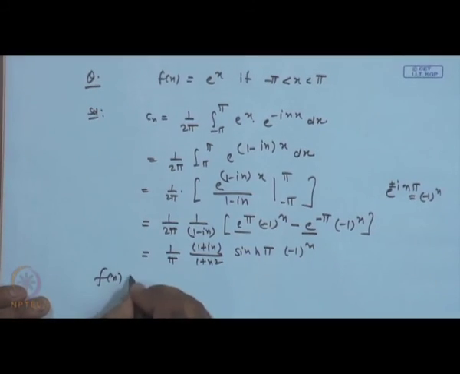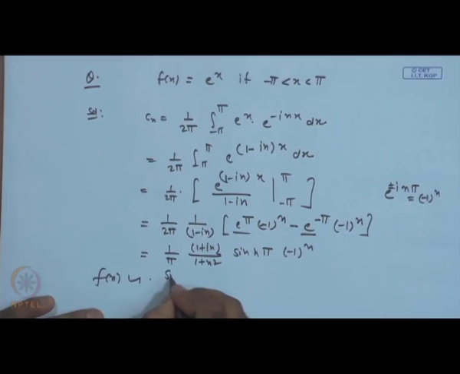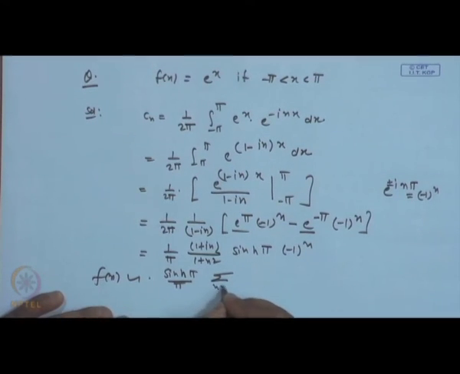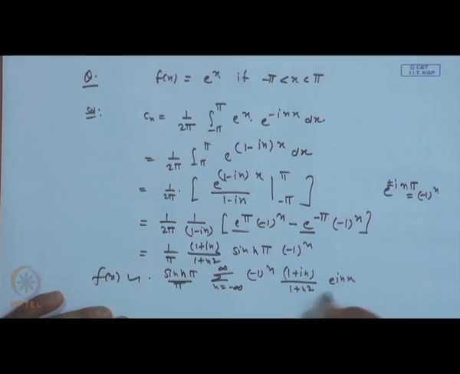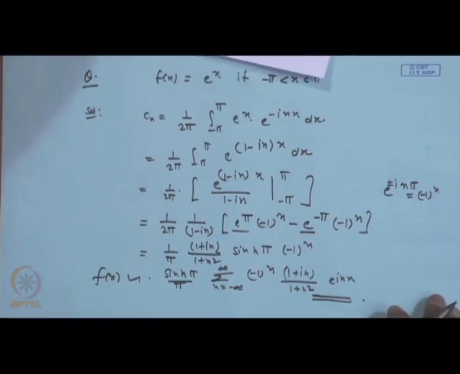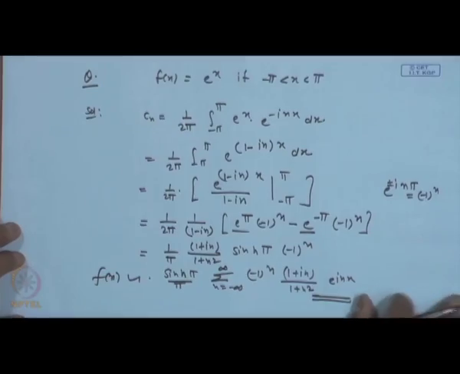So, this f(x), we have sinh pi over pi, and n from minus infinity to plus infinity, (-1)^n times (1 + in) over (1 + n squared), and e^(inx). So, this is the complex form of the Fourier series of a function, which is just equivalent to the earlier form of the Fourier series we have seen.